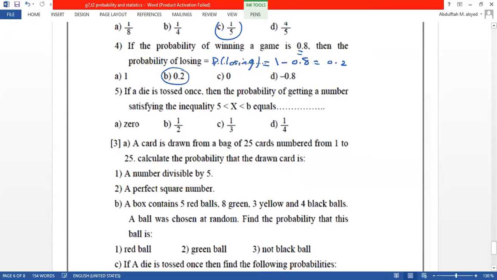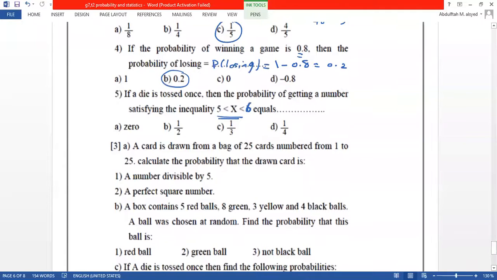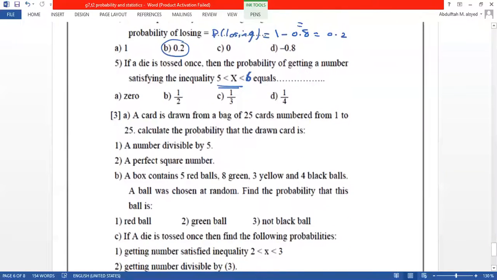Okay. If a die is tossed once, find the probability of getting a number satisfying the inequality X greater than 5 and smaller than 6. Is there any fraction on the dice? X greater than 5 and smaller than 6 means there is a fraction.